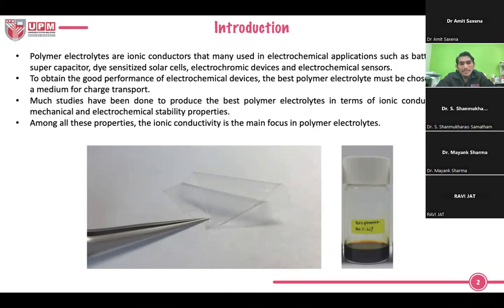So many studies have been done to produce the best polymer electrolyte in terms of ionic conductivity, thermal, mechanical, and electrochemical stability properties. And among all these properties, the focus is on their ionic conductivity.